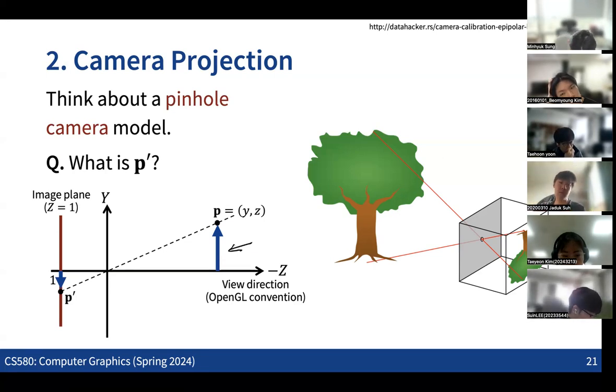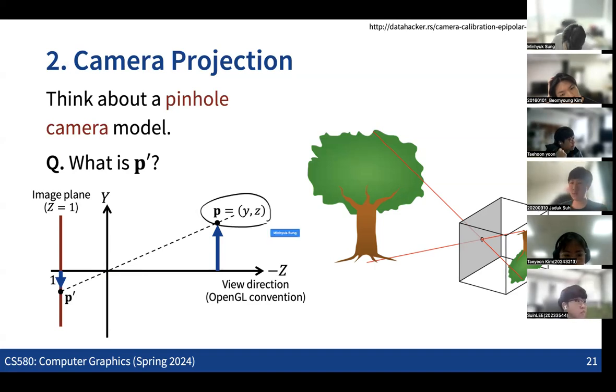We have this point in the 3D space that we are seeing, which has two coordinates, y and z. Let's assume that we want to see how this object is projected through the pinhole at the origin into the image plane, which is defined as z equal to 1. So this is the image plane where we project everything through the pinhole at the origin.